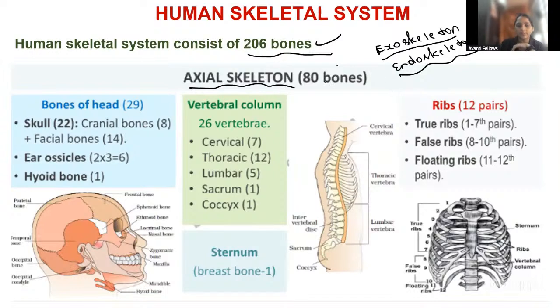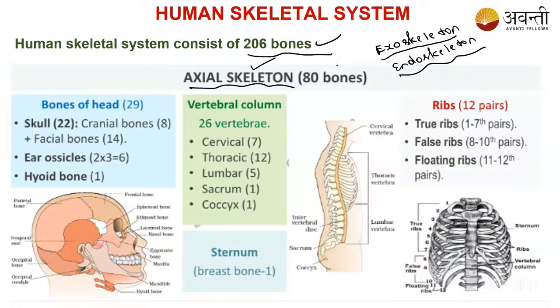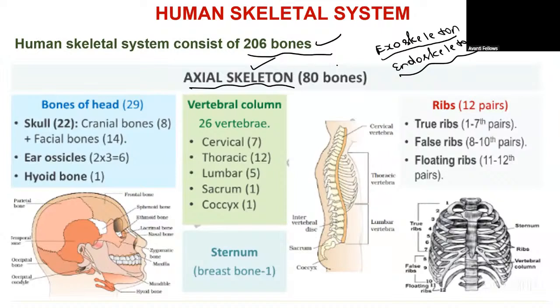So the 206 bones are divided into the axial skeleton, which is present in this position. Here you can see. When we are talking about the axial skeleton, it is present on the median axis.